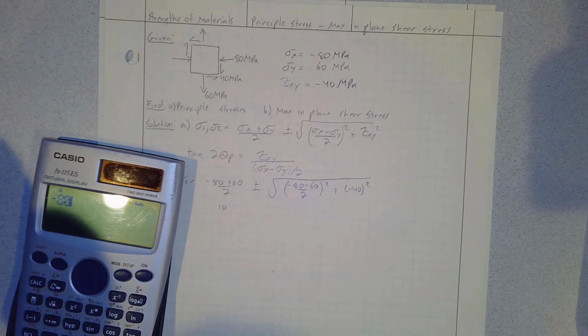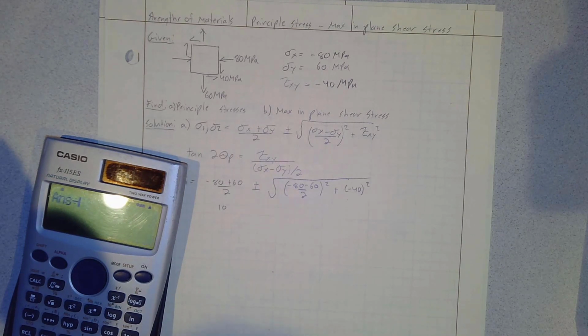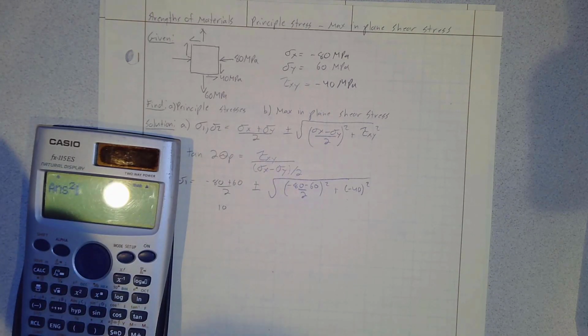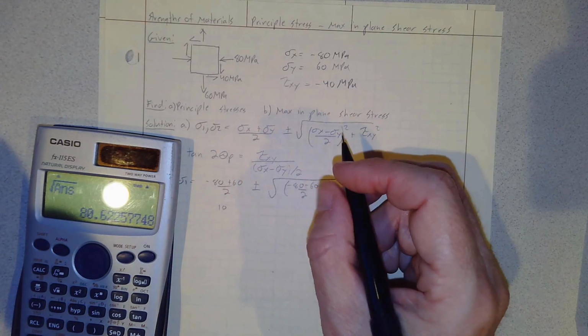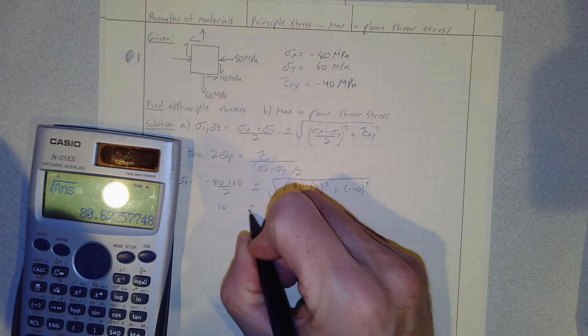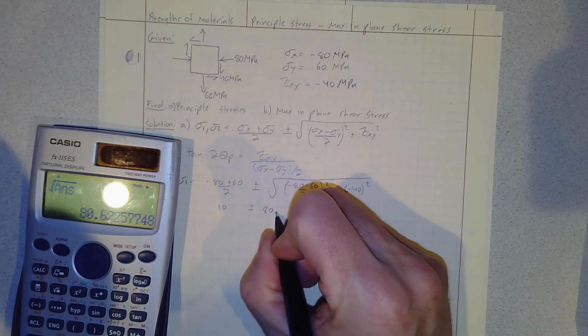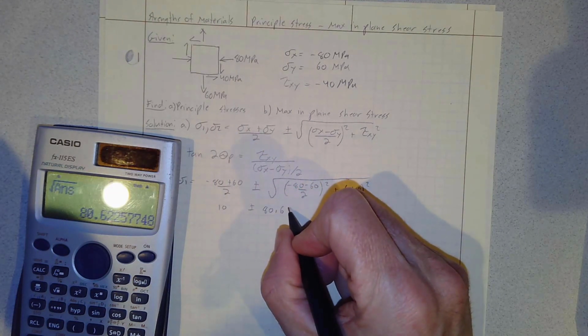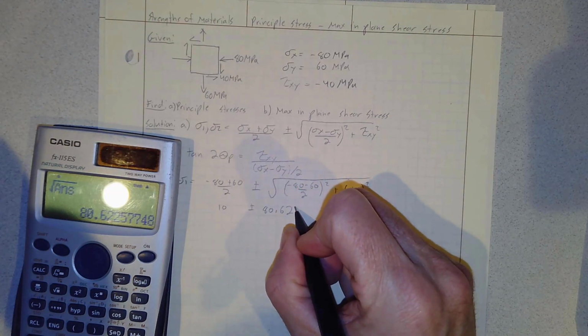Negative 80 minus 60 divided by 2, squared, plus negative 40 squared is 6,500. Square root of that equals 80.623. So plus and minus 80.623.